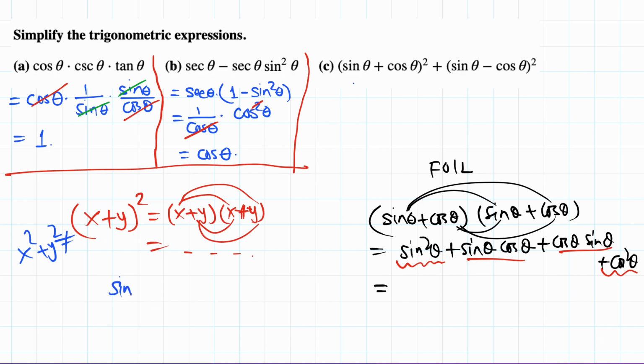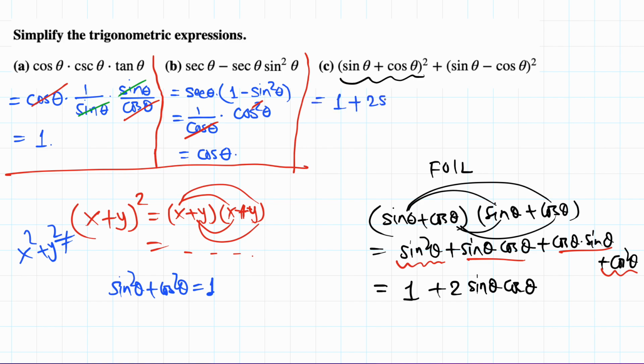We know that sine square theta plus cosine square theta is 1. So we expanded this and got 1 plus 2 sine theta cosine theta.